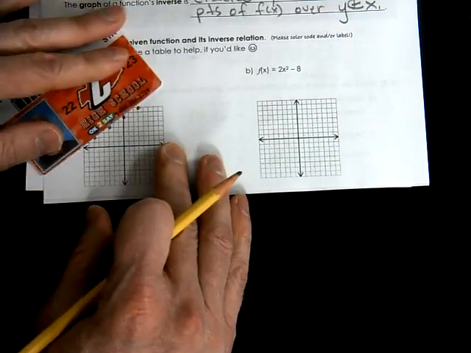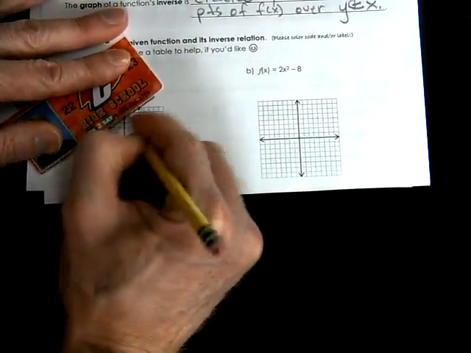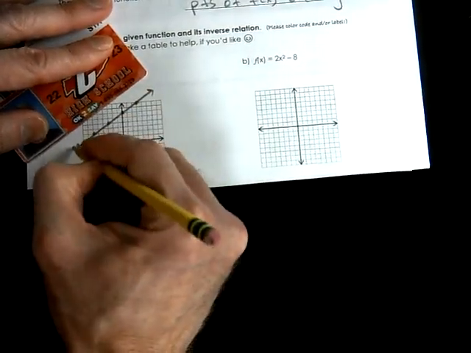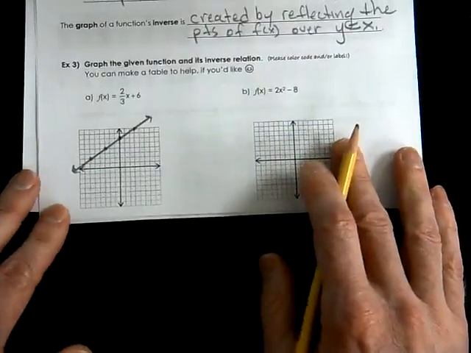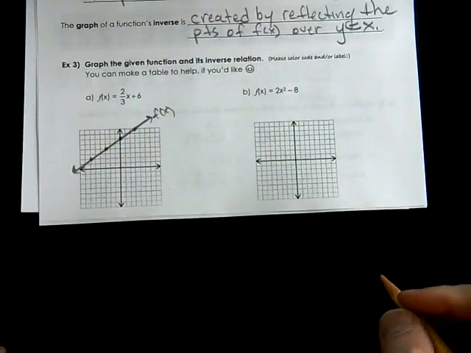And I'm creating the other values for the equation. So this is f of x.